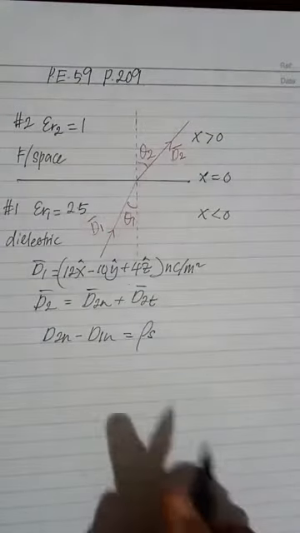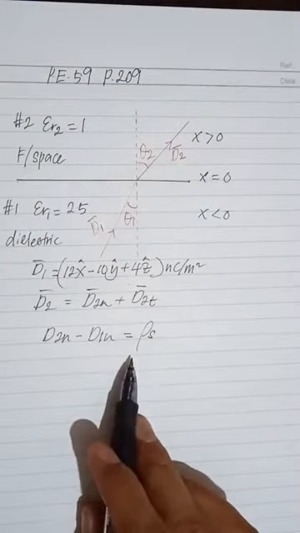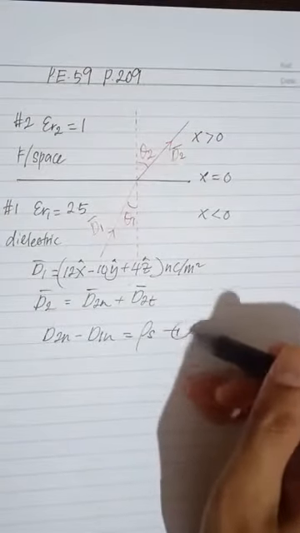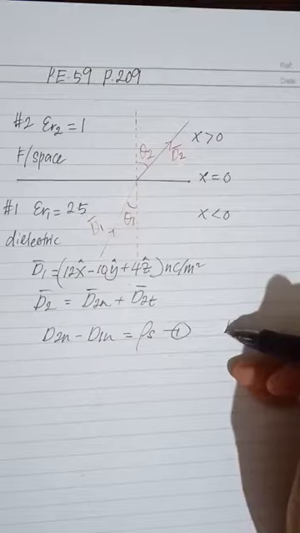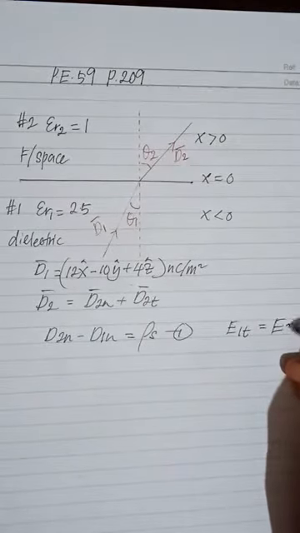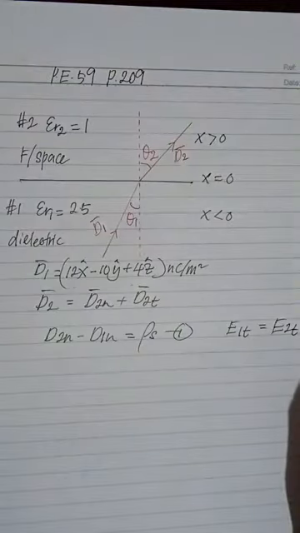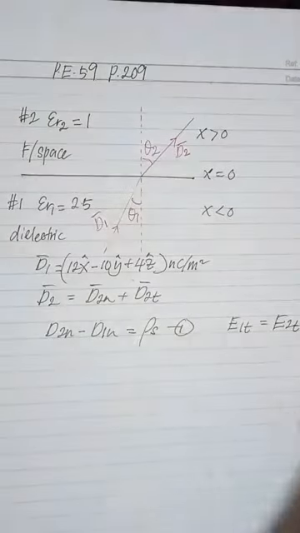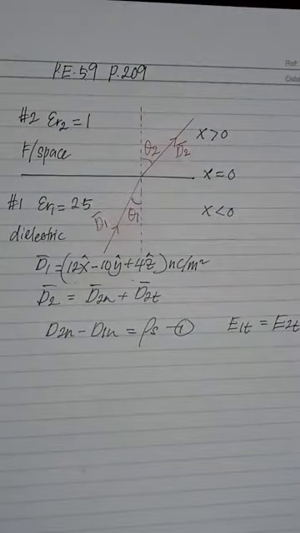This equation can be derived from our first Maxwell equation, and the other one is E1 tangential is equal to E2 tangential, and this is your second equation.